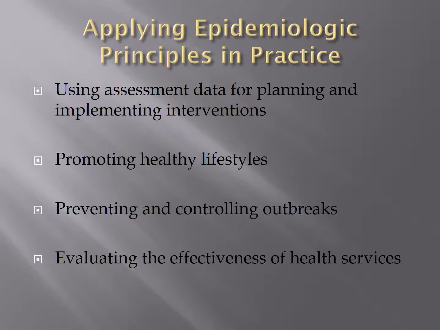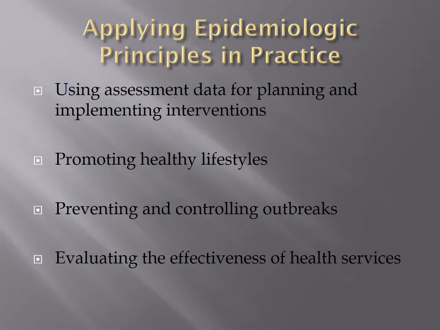Outbreaks can be epidemic, which is an increased incidence of the disease, or an event that is beyond what is normally found in the population. Outbreaks are typically localized to a specific community or population.